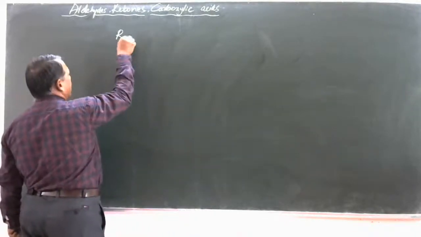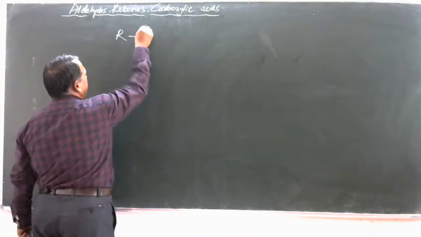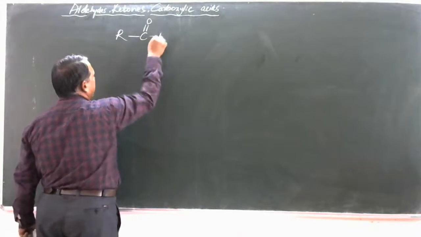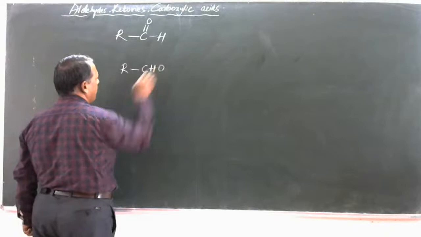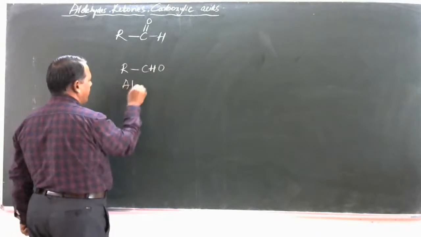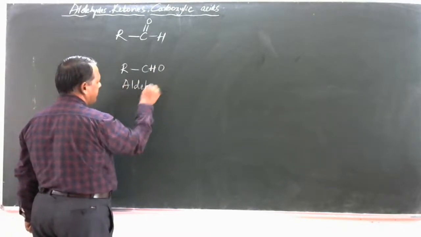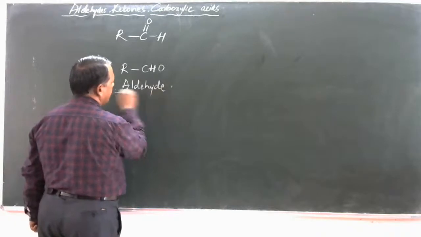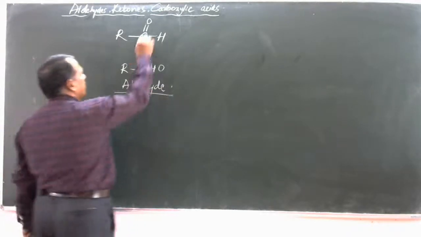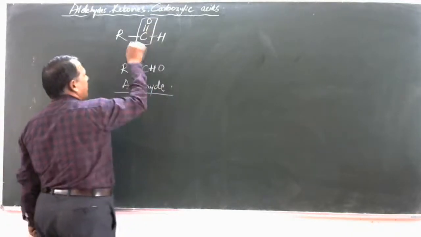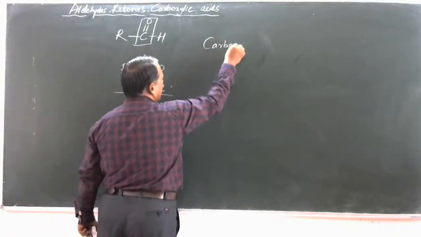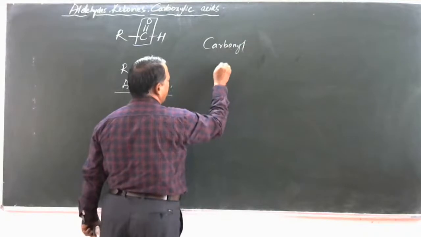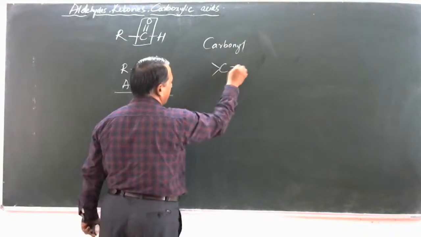Aldehydes have the functional group R-C double bond O-H, and generally we write this as RCHO, which is an aldehyde. You can see here the carbonyl functional group, carbon with oxygen.